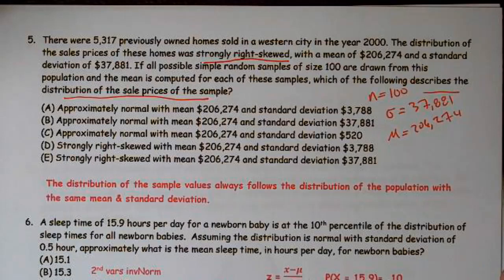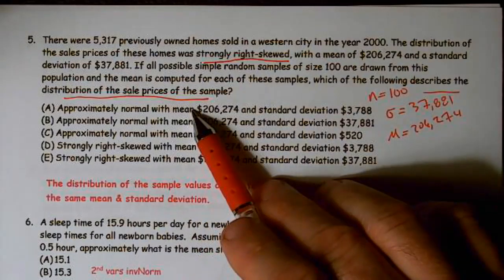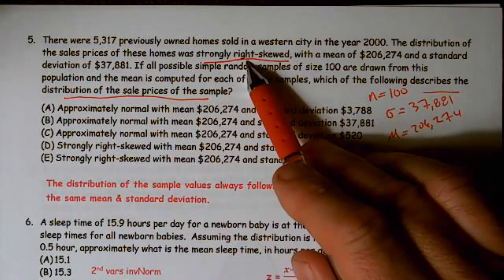Distribution of X bar in this case would be normal by central limit theorem. Distribution of means, normal by central limit theorem, but it did not ask for that. It asked for the distribution of the sales price, the distribution of the sample, which will always follow the underlying population.